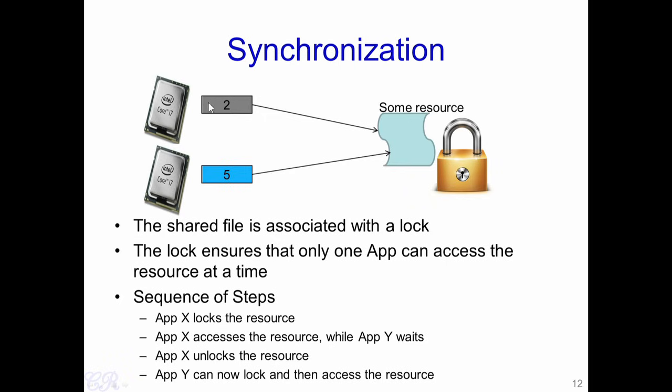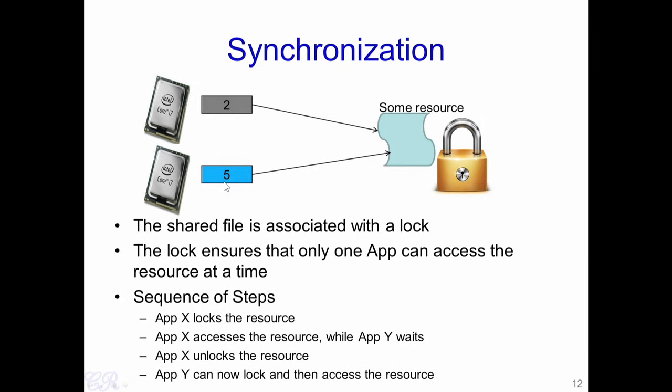Now, after application 2 completes using the resource, it will unlock the resource, and during that time if we have a second application which has also requested the resource, the second application would have to wait. So, when application 2 completes, it will unlock the resource, and this is a signal to application 5 that it can then use the resource.